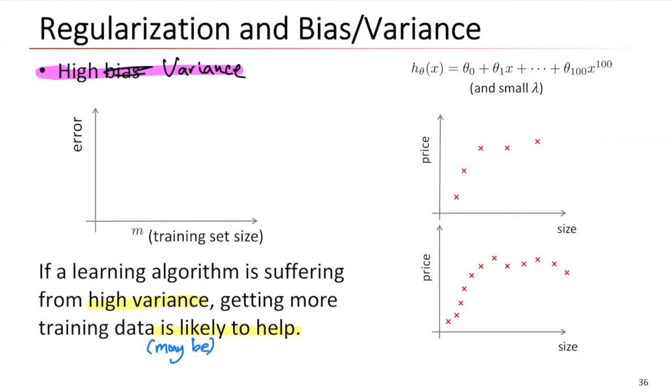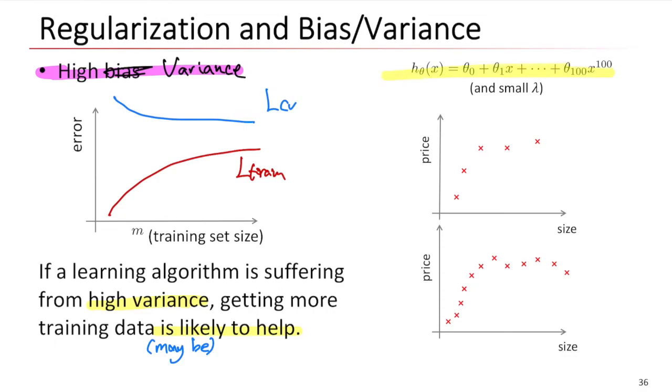In this case, as we increase the training set size, the loss of the training set looks like this, and let's say this is the cross validation error like this.